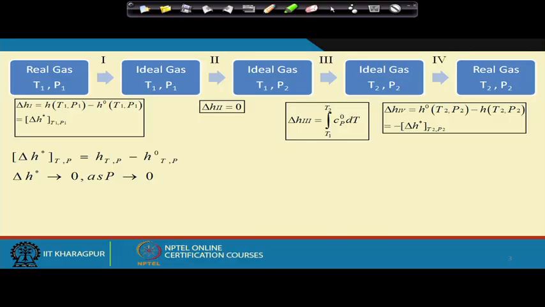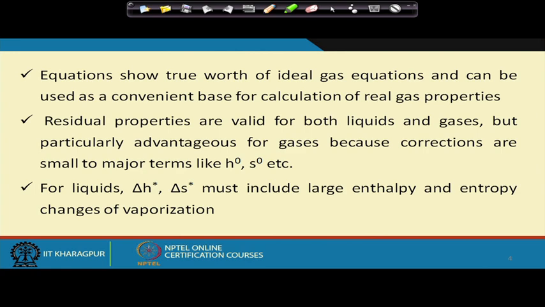Now let us see how we are going to do it. I think I had already discussed some part of it earlier, and I'll just be proceeding once I have the expressions for delta H star and delta S star.